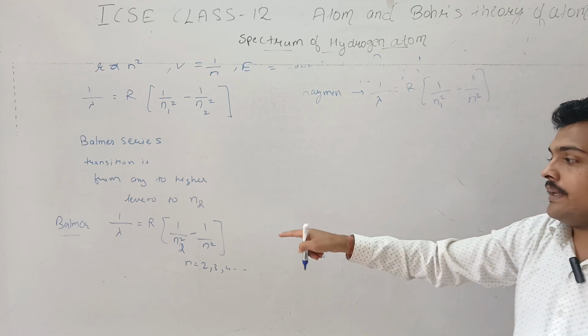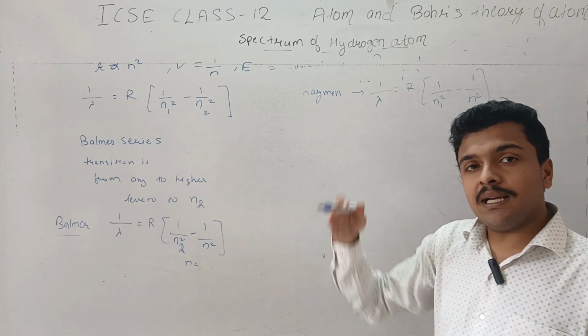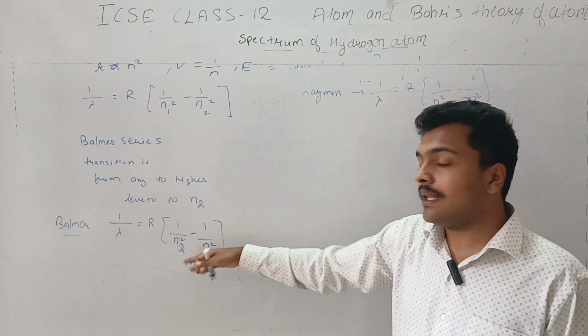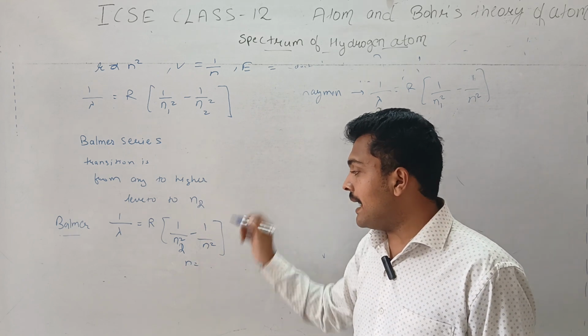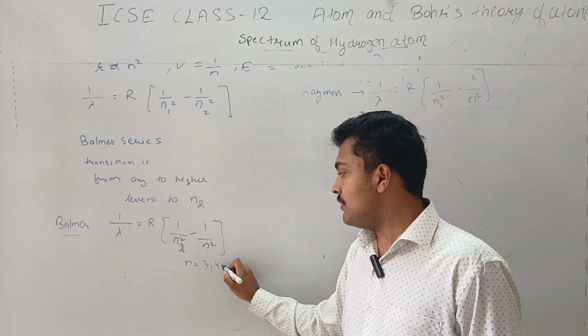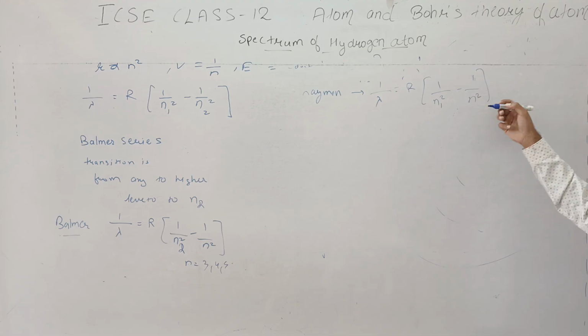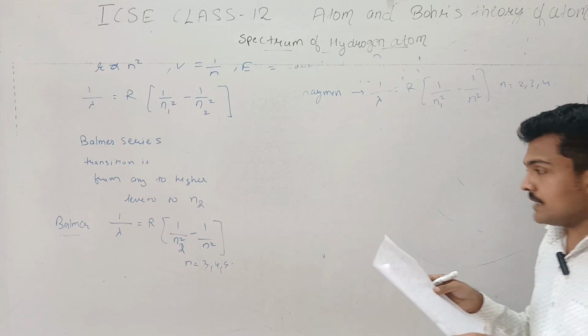Here n cannot be 1 or 2, because a transition is always from a higher level to a lower level. So n may be 3, or 4, or 5. So here we have the Lyman series. It is to the n1 level, and n may be any higher level.